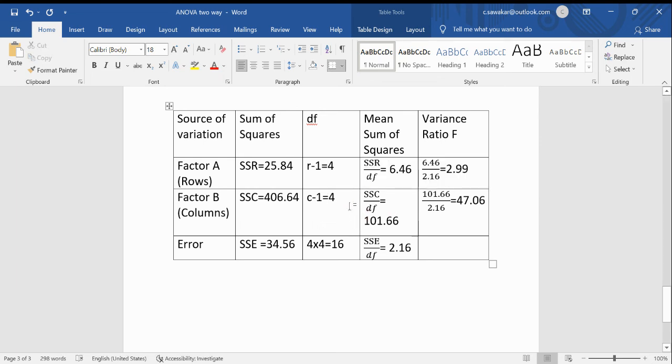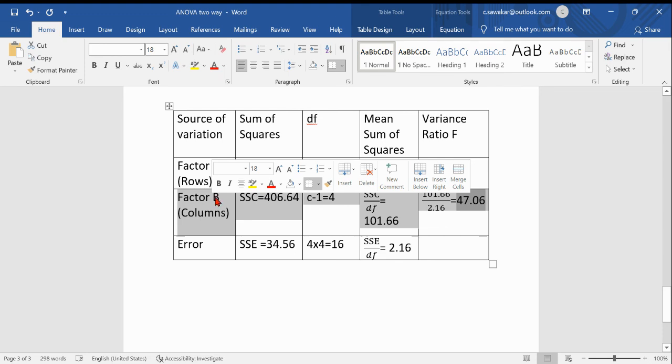Now again the tabulated value is the same, 3.01. Now 3.01 is less than this 47.06. That is, the calculated value is higher than the tabulated value. That is why the null hypothesis for this factor B is rejected.